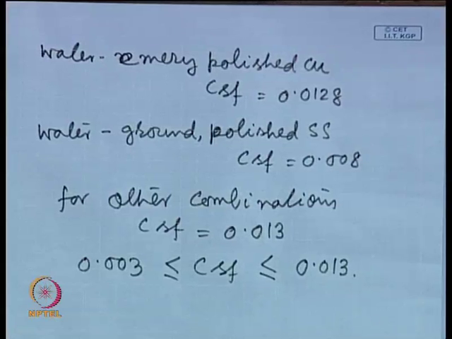But the discretion or the decision depends on you. You can take a decision depending on your design application. Okay. So, this is your Rohsenow correlation.